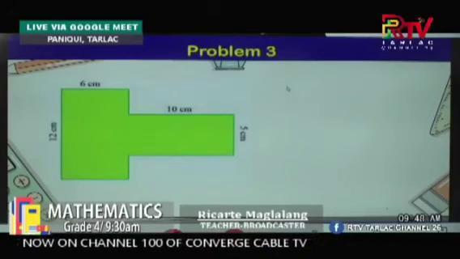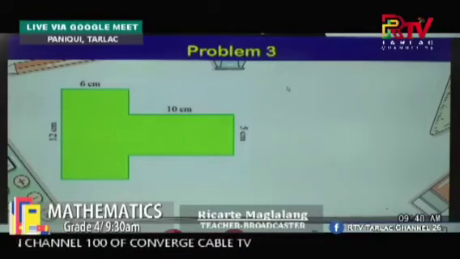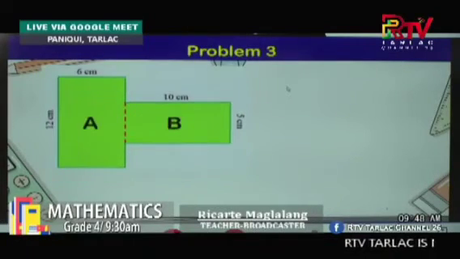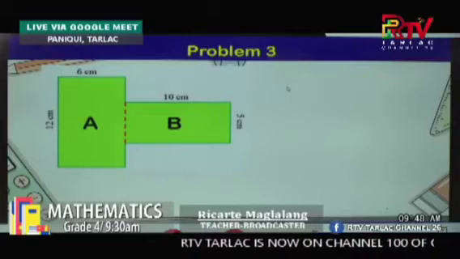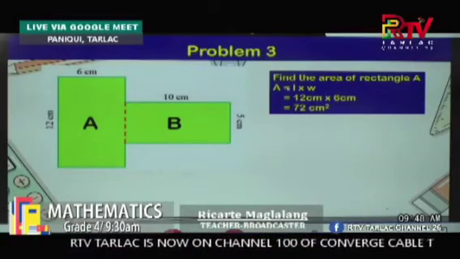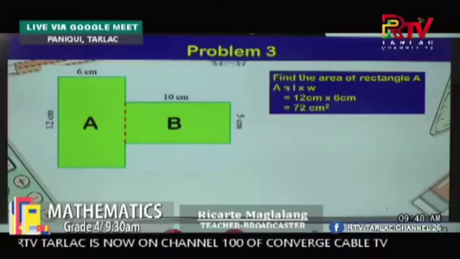Let's try another. Word problem 3. We will divide the irregular figure into two rectangles and label them as rectangle A and rectangle B. We will now get the area of each individual shape.